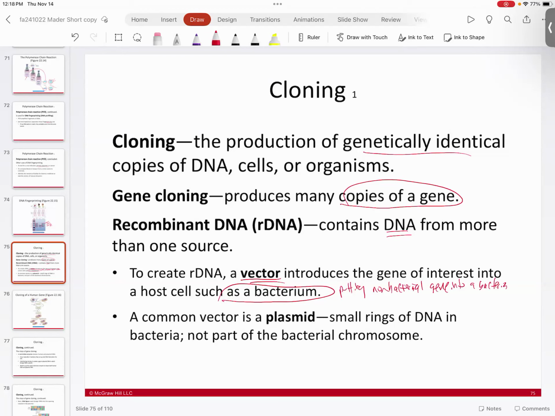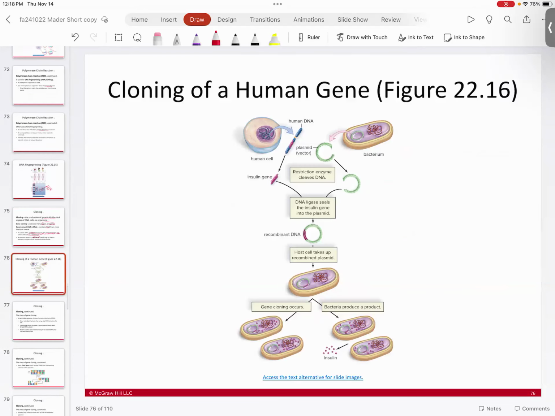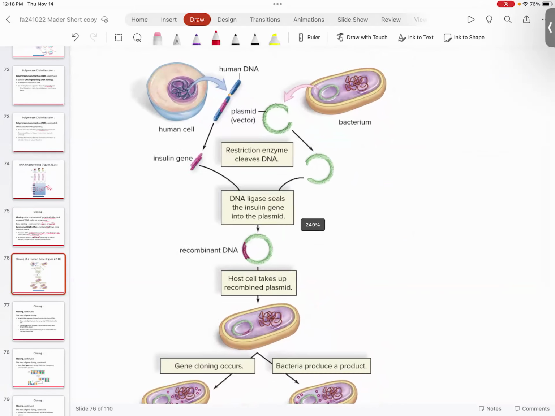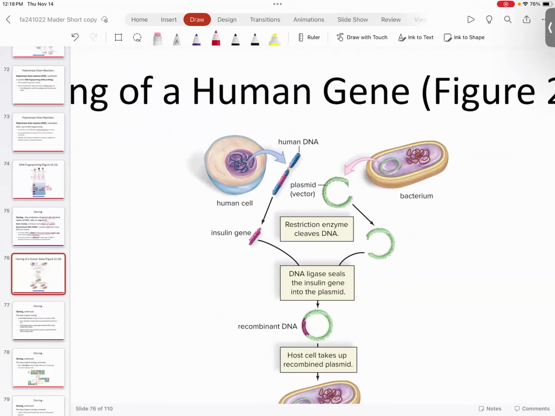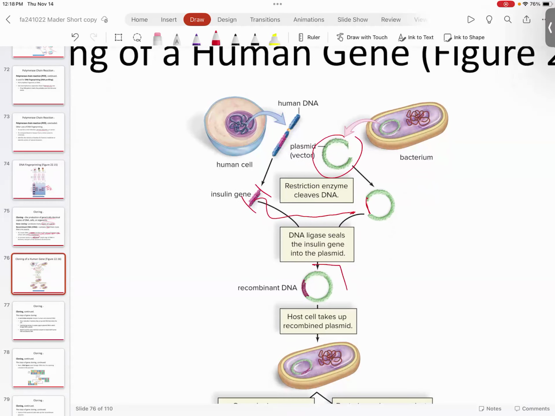Okay. Now, the common vector we have is usually a plasmid. A plasmid, remember, is that little ring of DNA that's part of the bacterial genome, and they're quite handy to be able to move back and forth. This is your basic recombinant process. Let's imagine we have a human gene. We're able to cut out this human gene, and we have a plasmid vector. Then we can add that insulin gene, in this particular case, to our plasmid vector. Now we have a recombinant plasmid that is carrying our gene of interest.